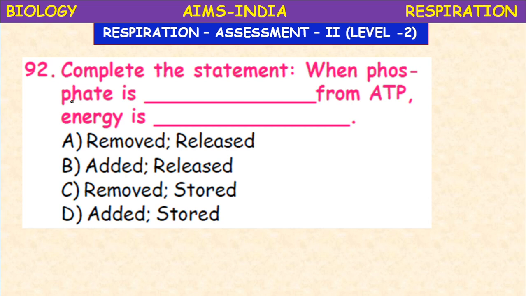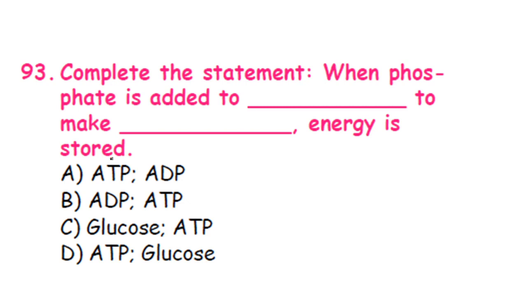Which is correct? Here, when the phosphate is removed, the energy is released. ATP is converted to ADP and the energy is produced.